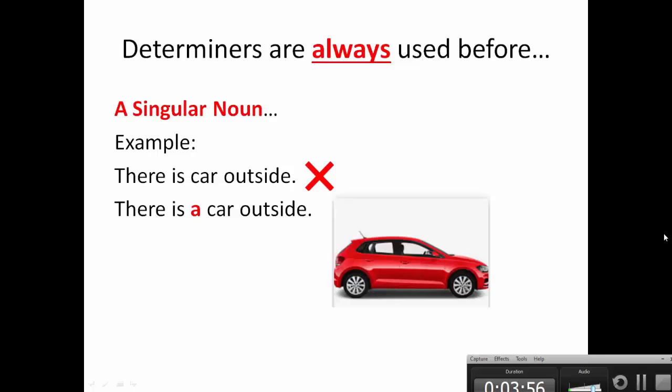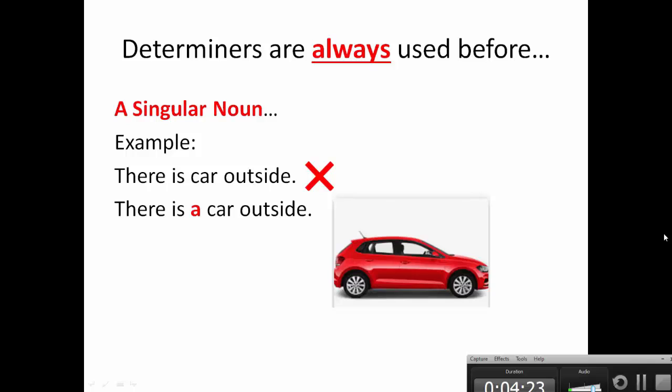Determiners are always used before a singular noun. Remember, a noun is a person, place, or thing. A singular noun. Example, there is car outside. That statement is incorrect.